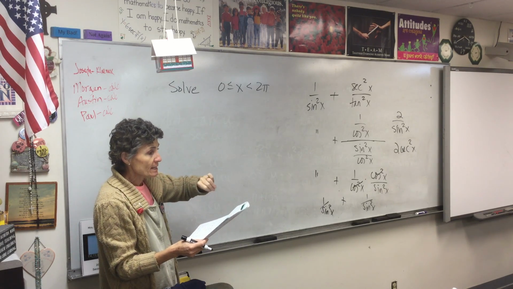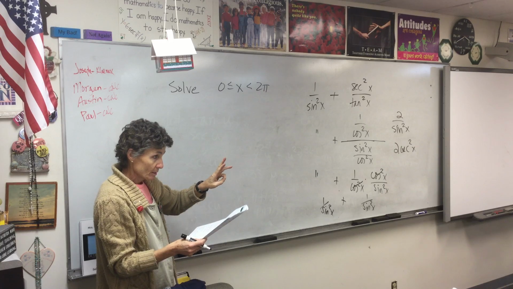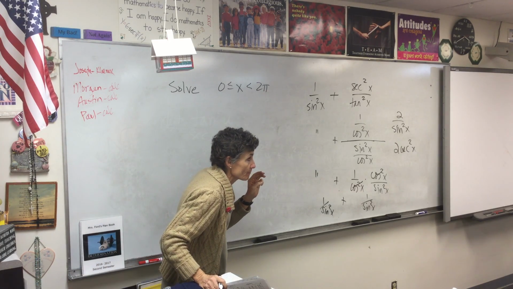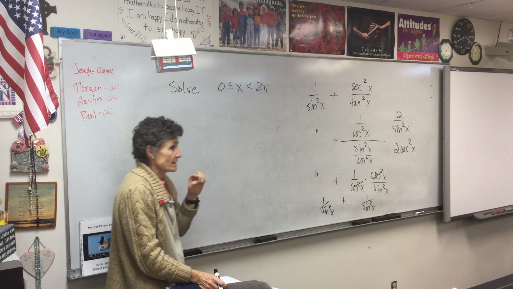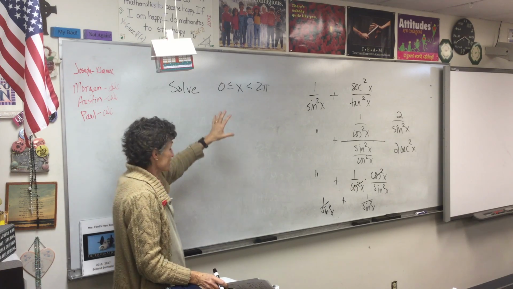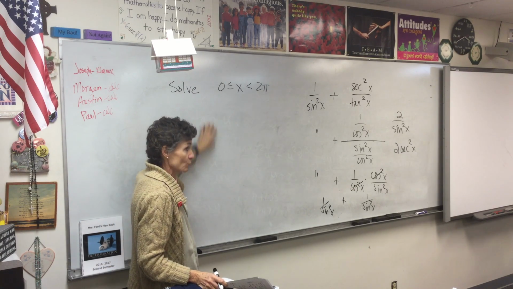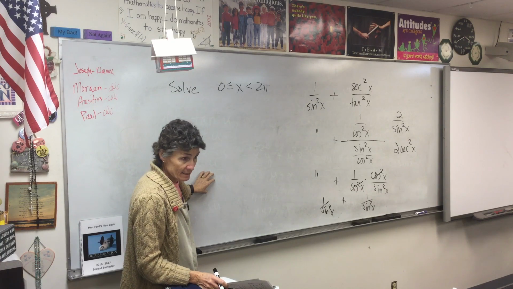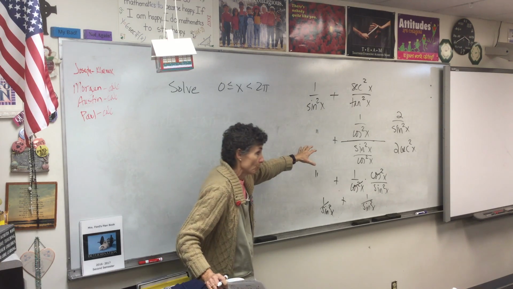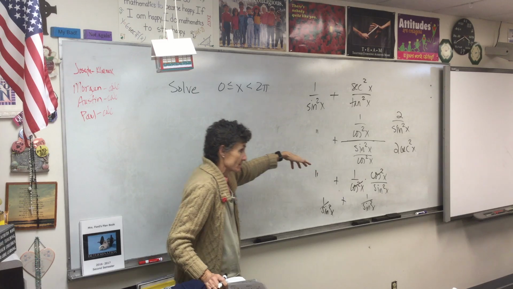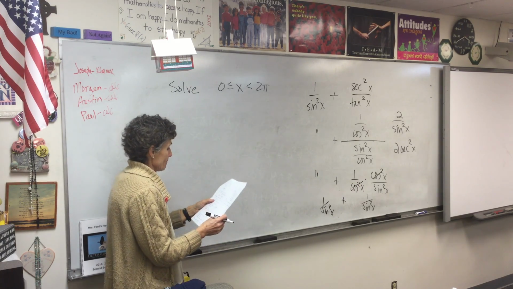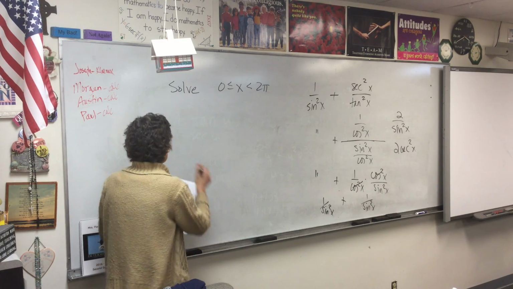Notice part 3 is also a solve, but what are its directions? 0 to 360. Now, this means we're going to solve this group in radians, and the other group we're going to do in degrees. Okay, I'm going to do this in radians. Oh boy, here we go.